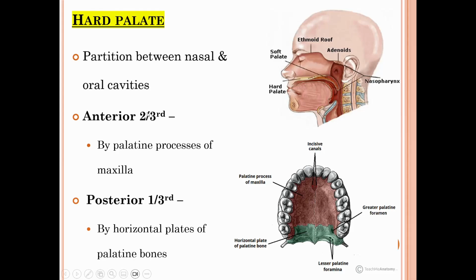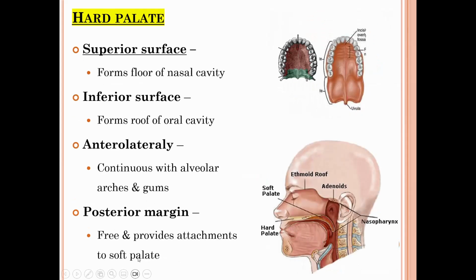So the anterior 2/3 of the hard palate is contributed by the palatine process of the maxilla, and this green color is contributing to the posterior 1/3 of the hard palate, and it is formed by the horizontal plate of the palatine bone.